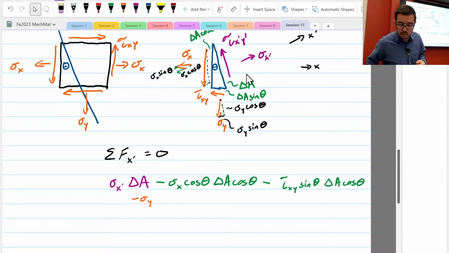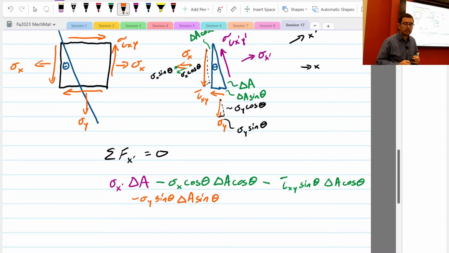And this is that little component right there, that's the sine. And it's acting on the delta A sine theta area.